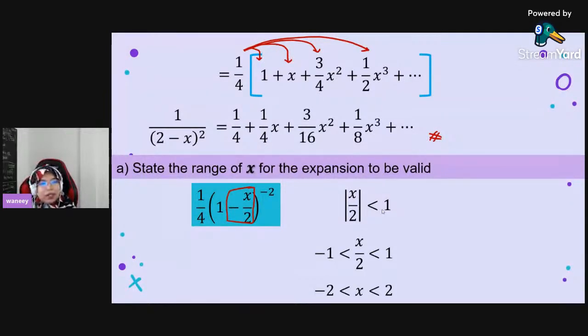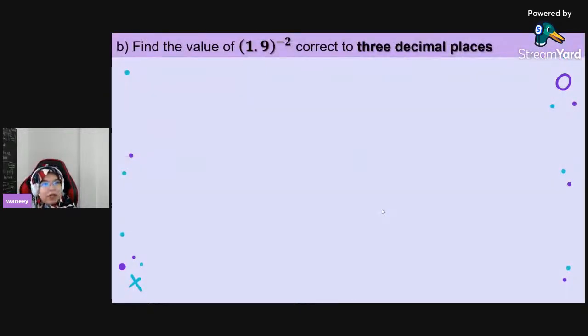The second part, we should find the value of 1.9 to the power of negative 2 correct to 3 decimal places. Okay, so if you refer to the question, you have 1 over 2 minus x to the power of 2, right? And then you bring them up, so this is 2 minus x. Your question is 1 over 2 minus x square.